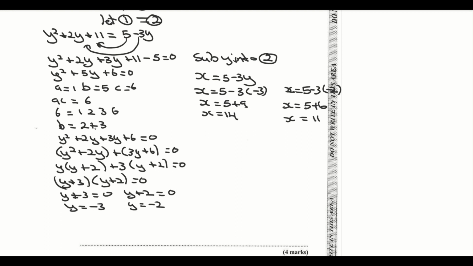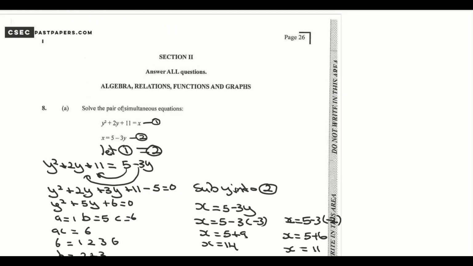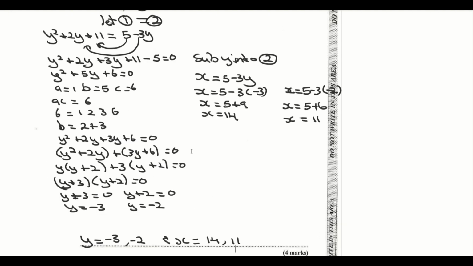So I know that y could either be minus 3 or minus 2, and x could be 14 or 11, and that is your answer for this. Right, again, with quadratics you always get two answers. That is why there are two x's and two y's.